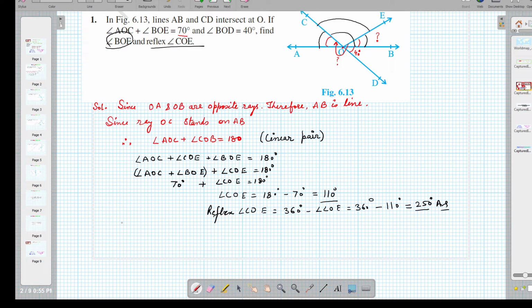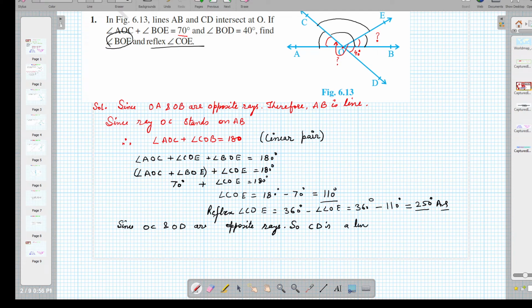Now COD is also a straight line, since OC and OD are opposite rays, so CD is a straight line.